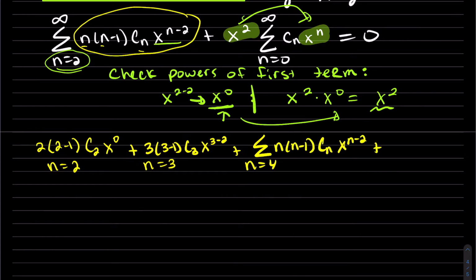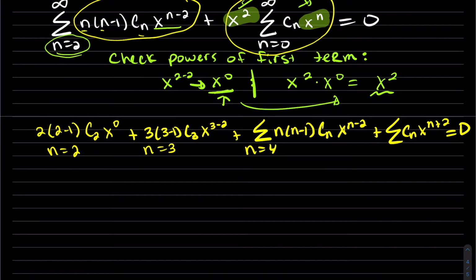And then this piece here, I'm going to rewrite, bring the x squares in, cn x to the, you add the exponents, n plus 2, and that's equal to 0 on the right-hand side. So just a quick check. When I plug in n equals 4 here, it's x to the 4 minus 2, which is x squared.